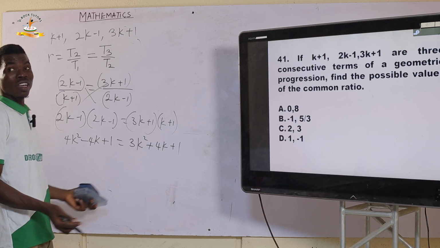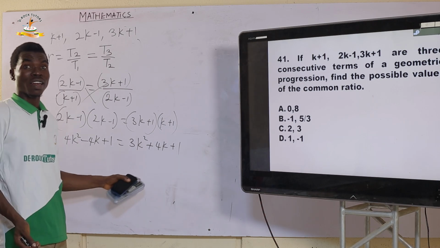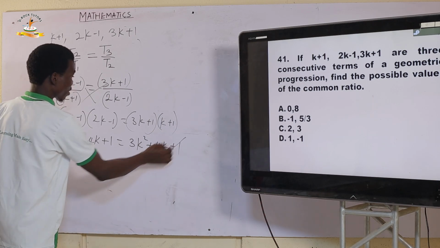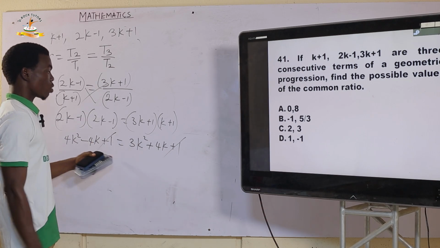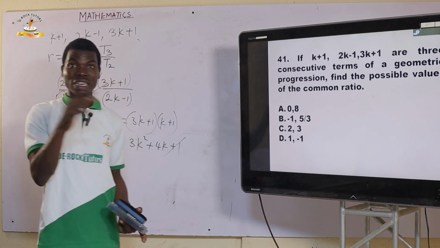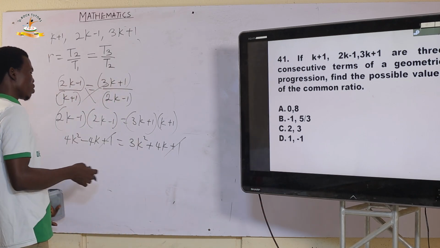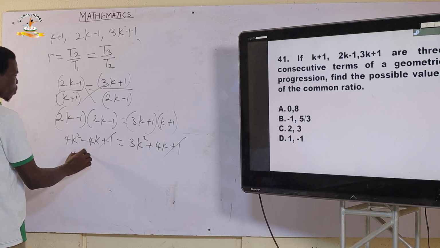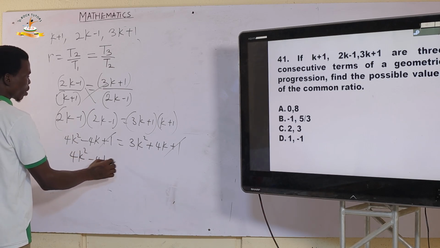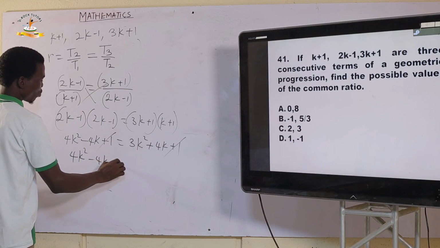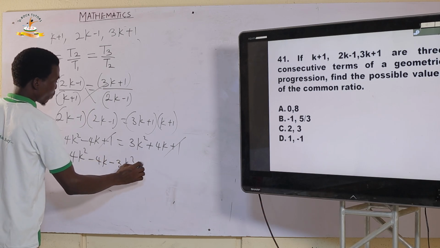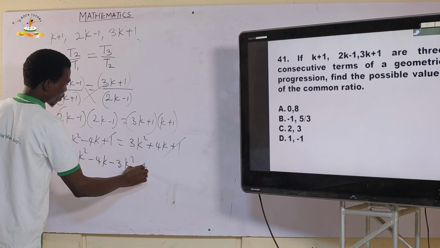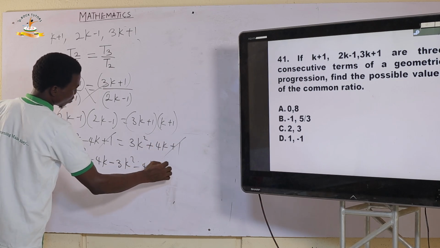Don't forget I told you, since we have the same thing on both the right and left hand side, you can cancel the plus 1 and plus 1, because if you take them to any of the sides, they are literally going to go off the equation. So we're going to have 4k squared minus 4k, then I bring this minus 3k squared minus 4k. Left behind is 0.